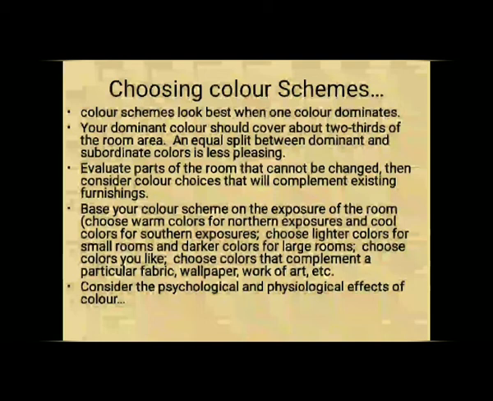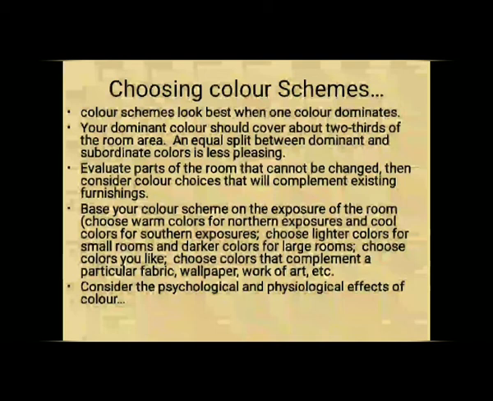So while you are choosing a color scheme, there should be one dominant color and some other subordinate colors, but the dominant color should be more and the subordinate colors should be less and pleasing. So it has an appeal, it has an expressive nature. Next, while you are considering a color scheme, evaluate the parts of the room which cannot be moved or which are fixed.